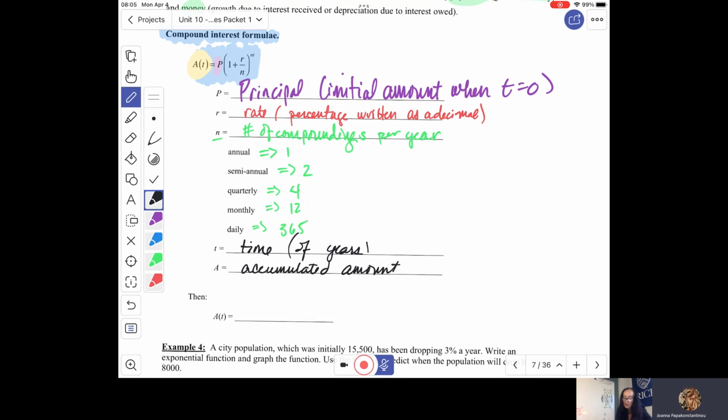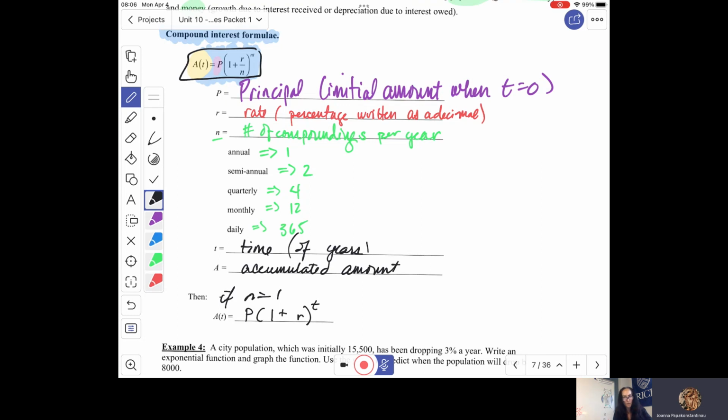Now, if n equals 1, if I'm compounding annually, let's look at this formula and see what happens when n is 1. So if n equals 1 and I substitute into the formula, I have A of t equals P times 1 plus r over n, which when n is 1 is just r, to the n times t, which is 1 times t, just t.